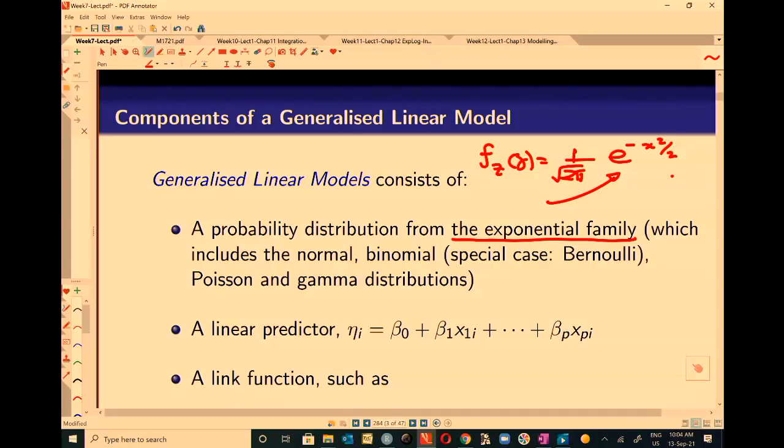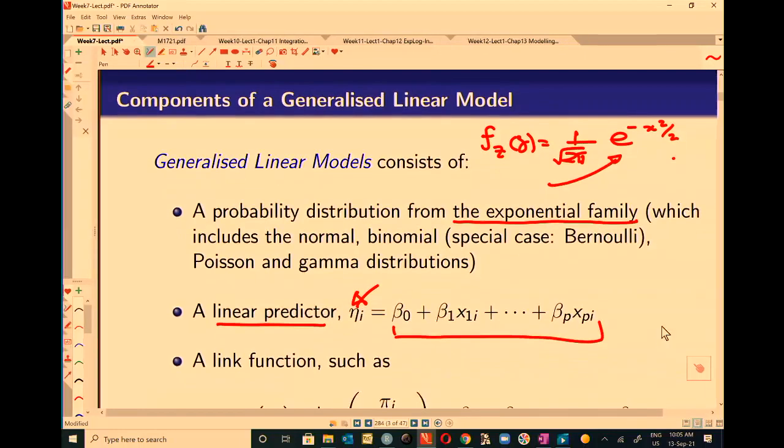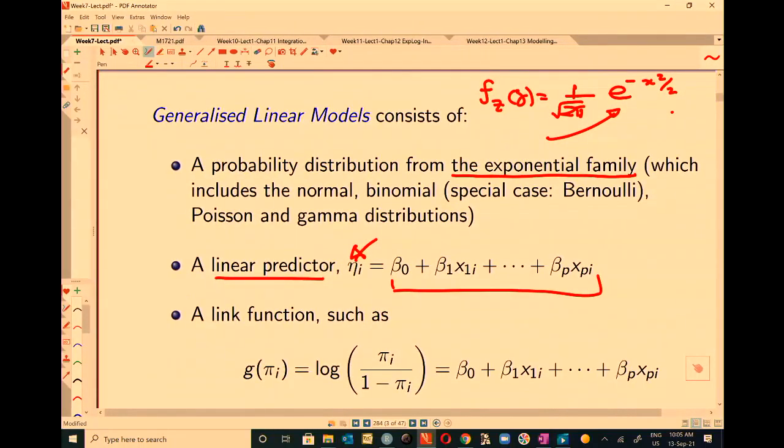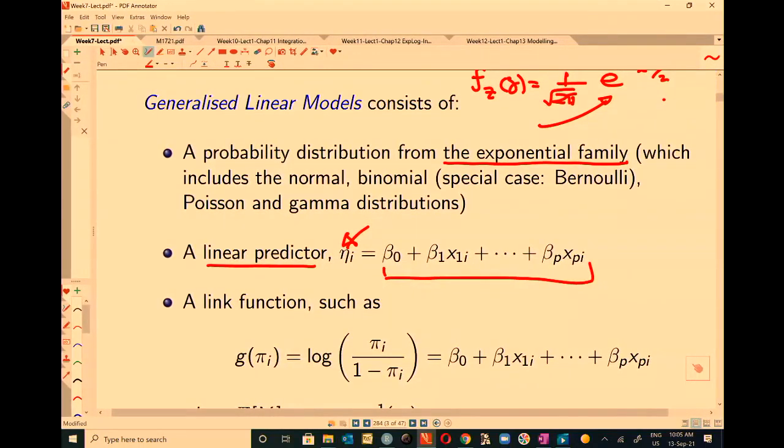The idea here is that we're going to have a linear predictor, and this predicts something, exactly what depends on the particular model we're using, but it's the usual linear regression. The link function in this case is the logistic function of the probability of success pi i, the i being observation i, so it depends on the individual we're looking at.